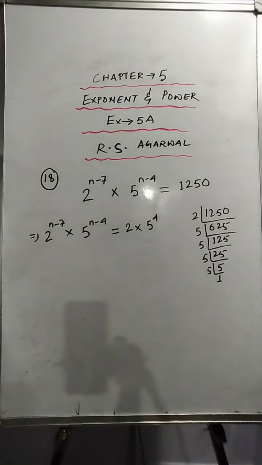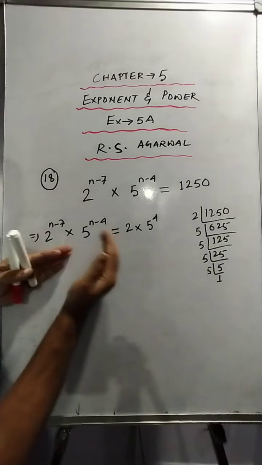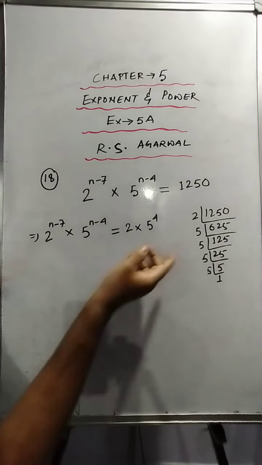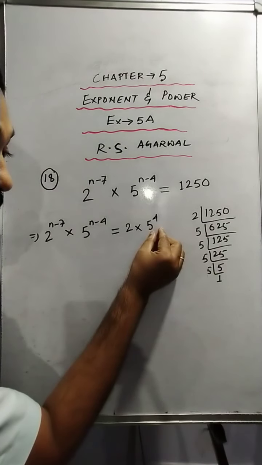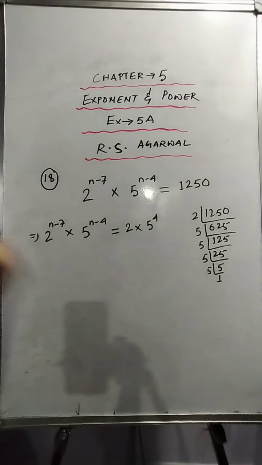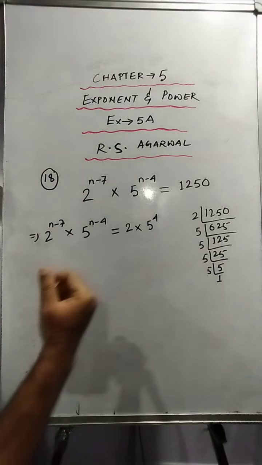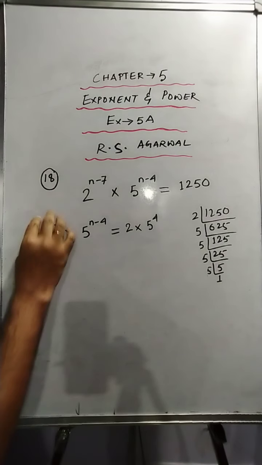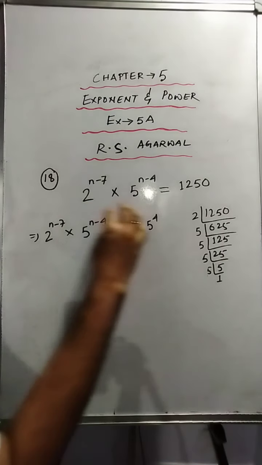Okay. Now if you compare LHS and RHS, you see that in LHS we have 2 as a base, and in RHS also we have 2 as a base. In LHS we have 5 as a base, and in RHS also we have 5 as a base. So what we'll do is we'll split this equation into two parts. That is, we will compare base 2 with this base, and base 5 with this base.